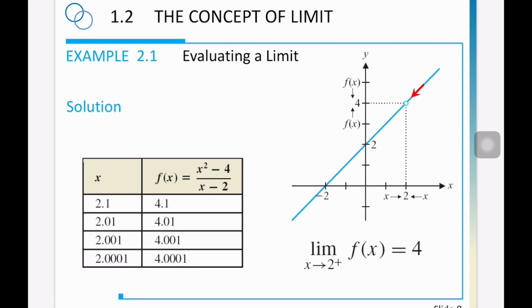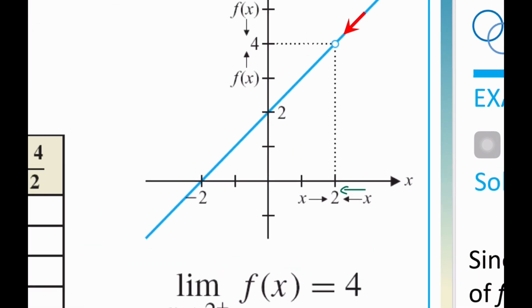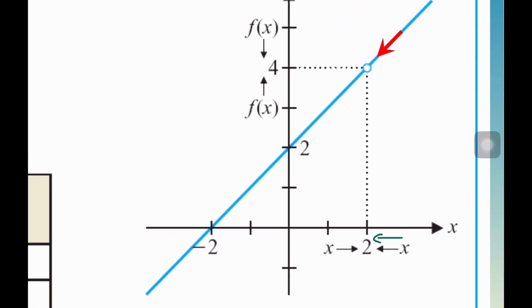Now let's discuss approaching from the positive side. As we can see here also, as x is approaching 2 from the positive side, the value of f of x is getting closer to 4.